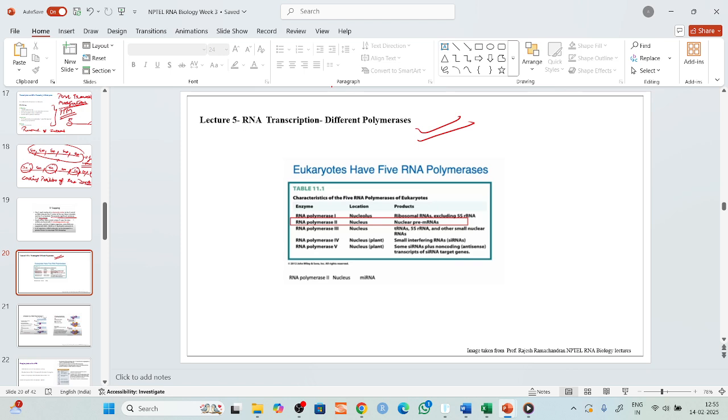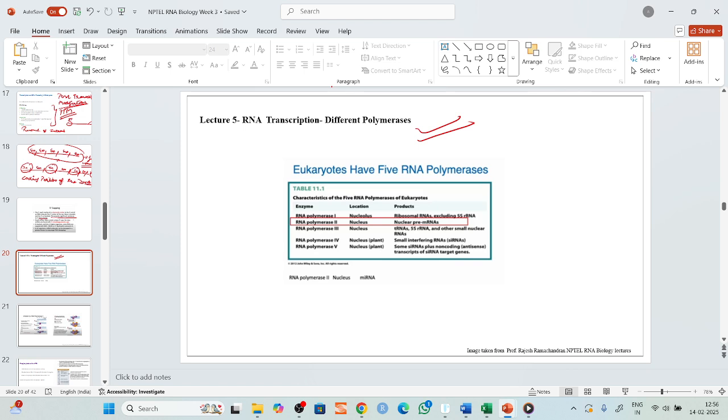There are different kinds of RNAs we talked about, just a few slides back. For the synthesis of different kinds of RNA, different kinds of RNA polymerase are used. RNA polymerase 1 is used for the synthesis of rRNA. RNA polymerase 2 is used for the synthesis of mRNA.